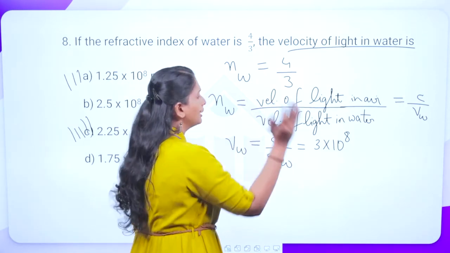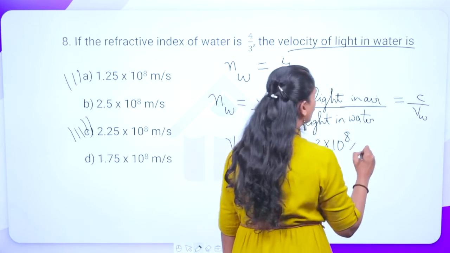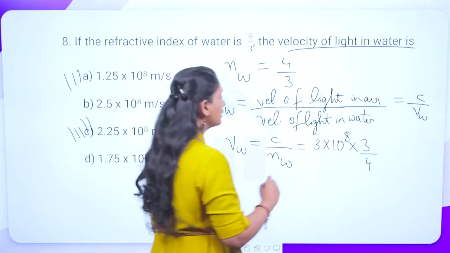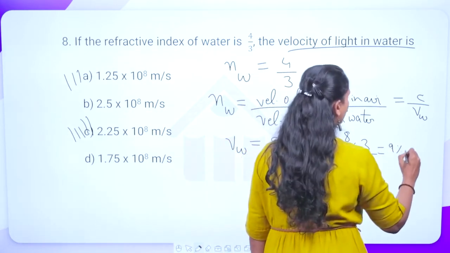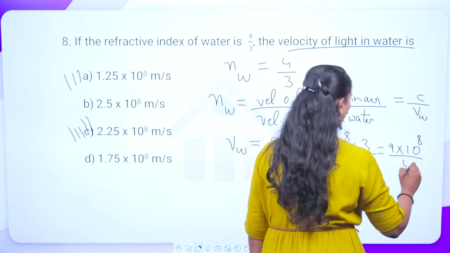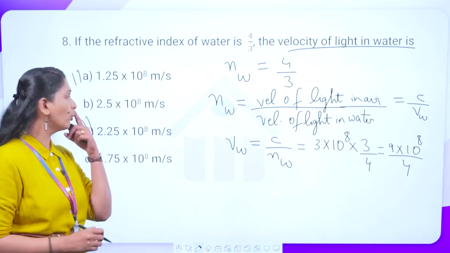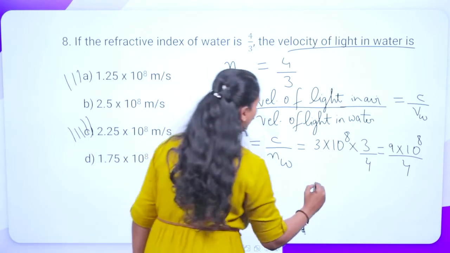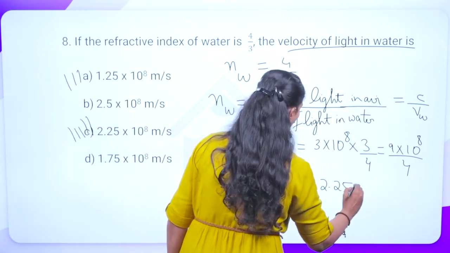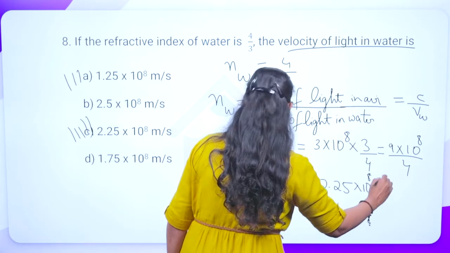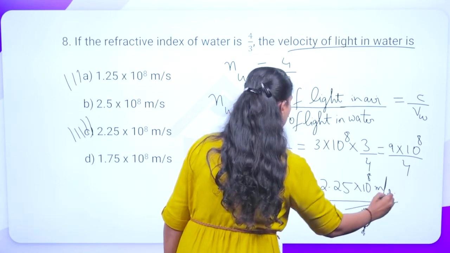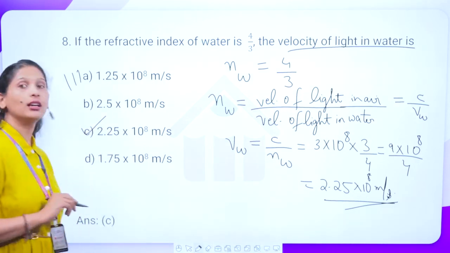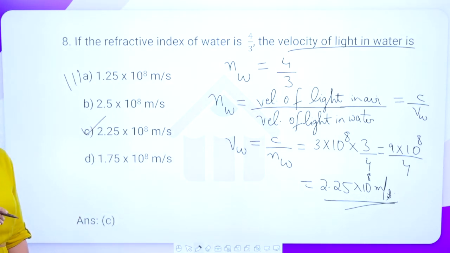So since this is divided by 4 by 3, I am writing it as multiplication of the reciprocal, that is into 3 by 4, making it 9 into 10 raised to 8 by 4. So 9 by 4 will give me 2.25 and hence the value is 2.25 into 10 raised to 8 meter per second as the answer. So option C is the correct answer. Clear?